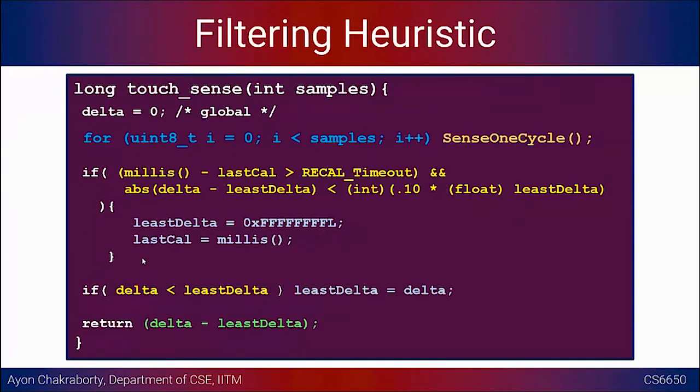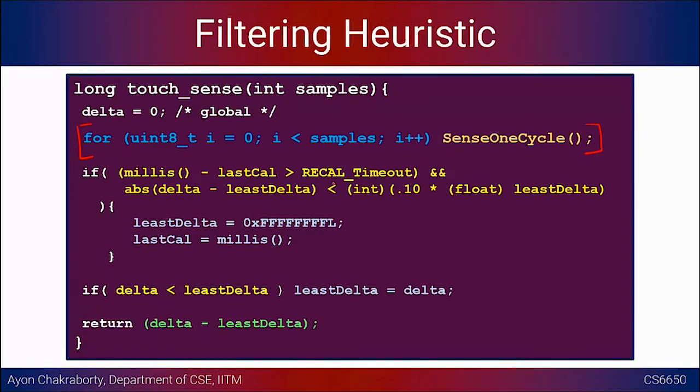Here we were already doing something like this. For how many samples you were using this particular sense one cycle code we are calling, and let's say this delta is global. Instead of returning the value of delta from the sense one cycle function, it is going to keep on adding it up. This delta is initialized to 0, and after that, for how many samples you want to continue, maybe 10 times or 20 times or 30 times, we are just going to keep on accumulating the value of delta.